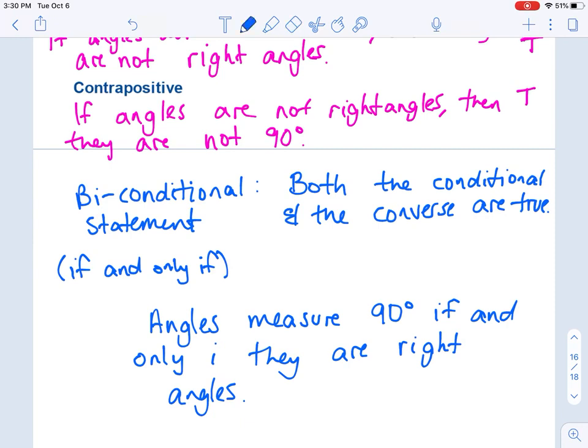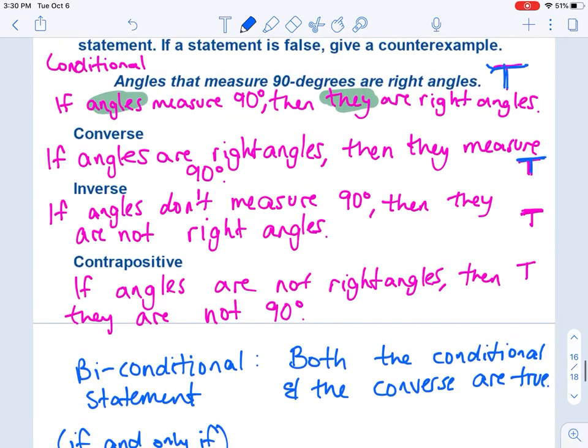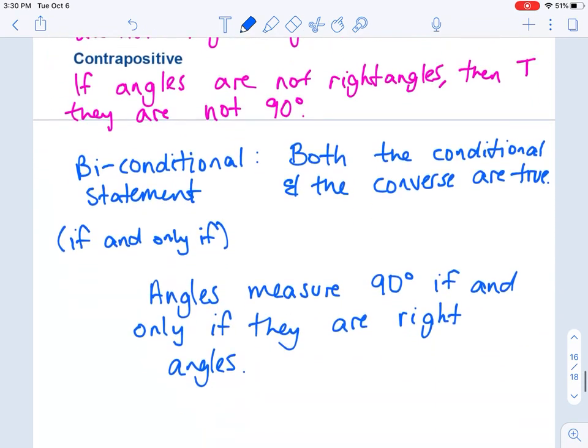Okay? This tells us when we have a biconditional statement that both the conditional and the converse are true, and we can read them off as they are up here. If angles measure 90, then they are right angles, and if angles are right angles, then they measure 90 degrees. So the biconditional tells us both of those things, but in one sentence instead of two.